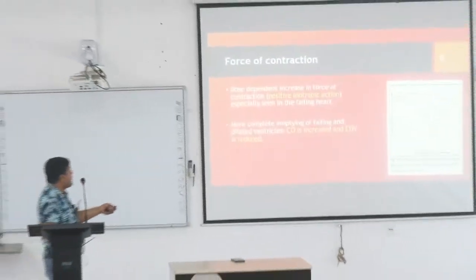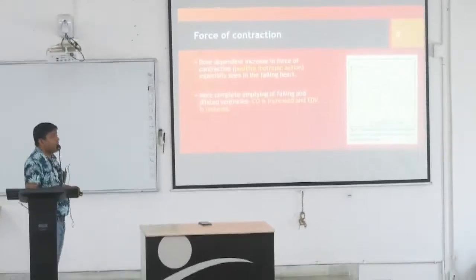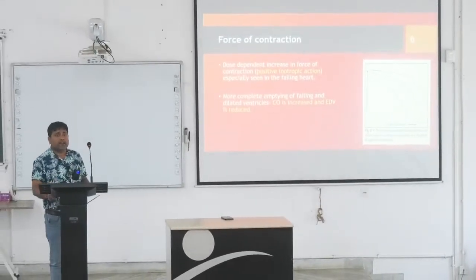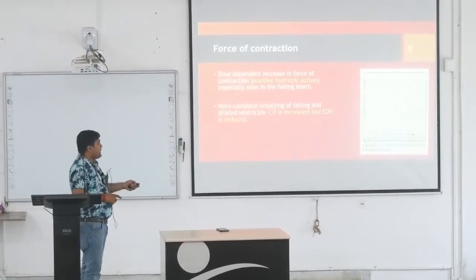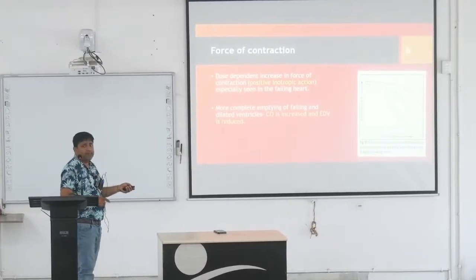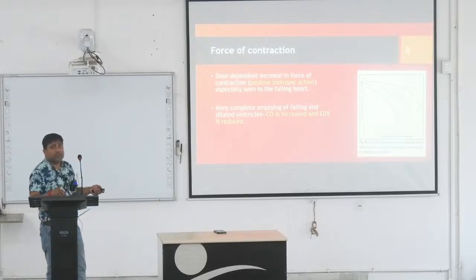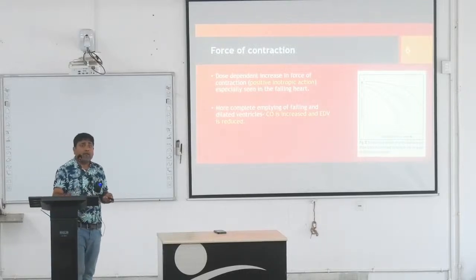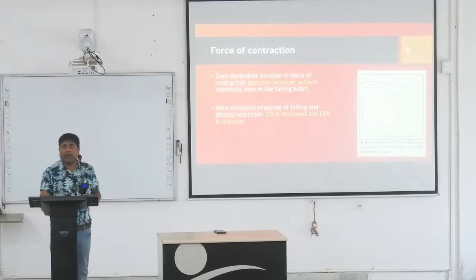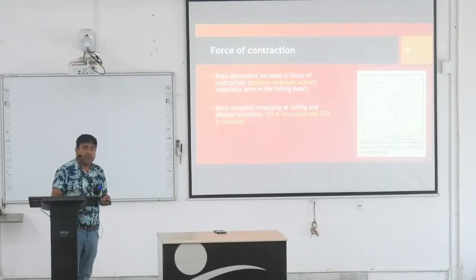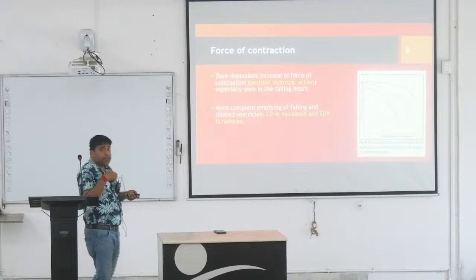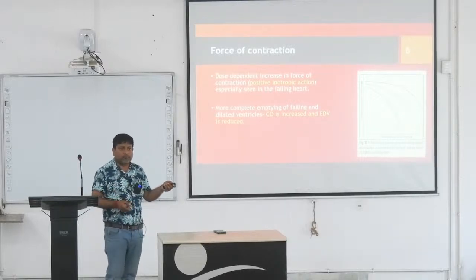More complete emptying of the failing and dilated ventricle, leading to increased cardiac output, and end diastolic volume is reduced. Now this is a schematic diagram showing the function of the normal heart and the failing heart, or rather the contractility of the normal heart and the failing heart to increase impedance to the outflow.